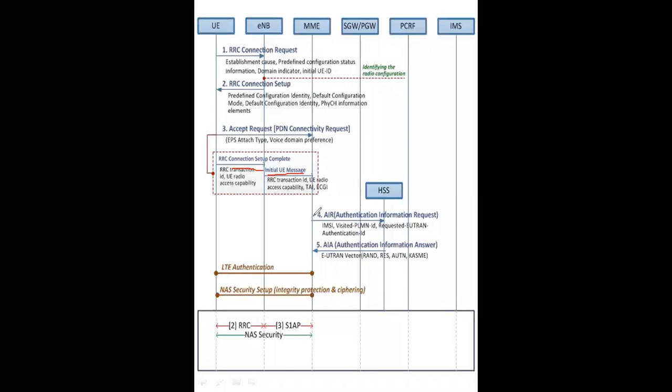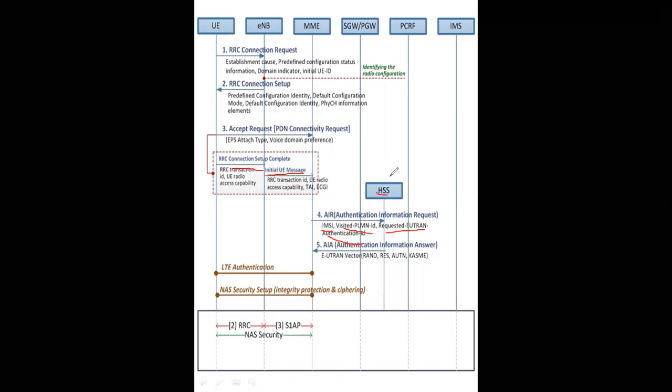First of all, your network will check whether this UE is valid and no faulty UE is there. For that, the MME sends the authentication information request to the HSS. The MME sends the IMSI, last visited PLMN ID, requested E-UTRAN authentication vectors, and so on. This information is present in this AIR message.